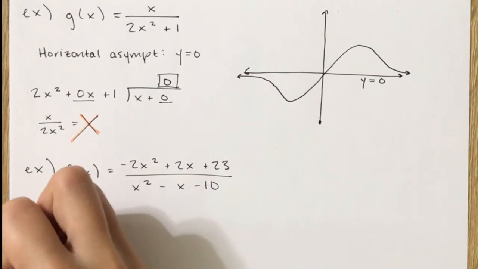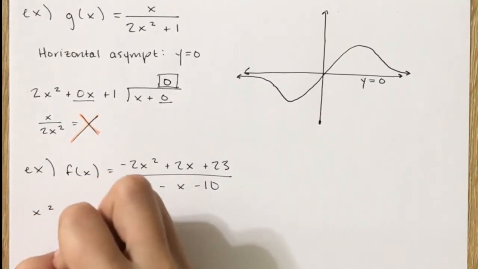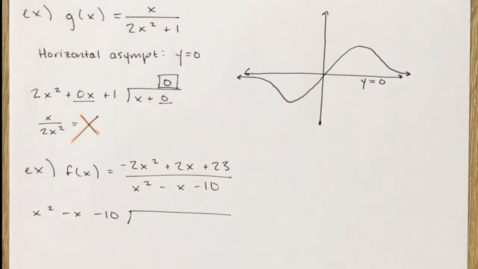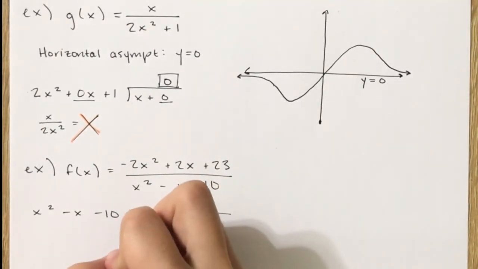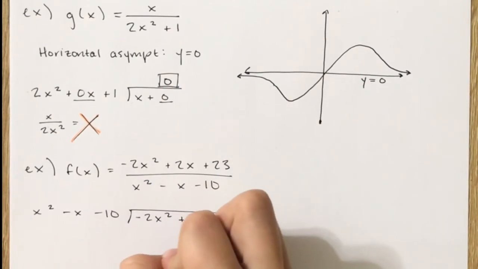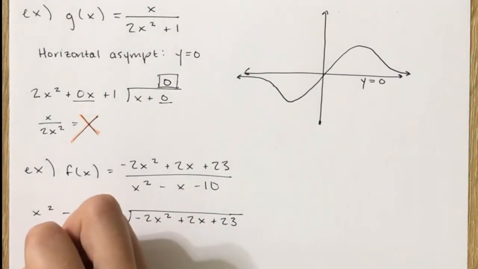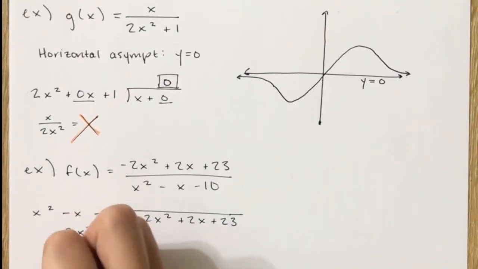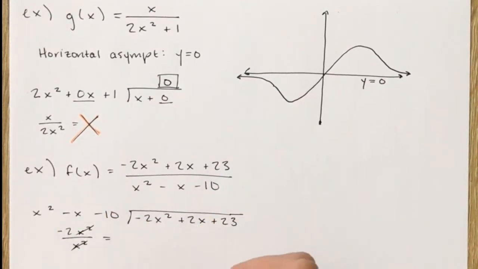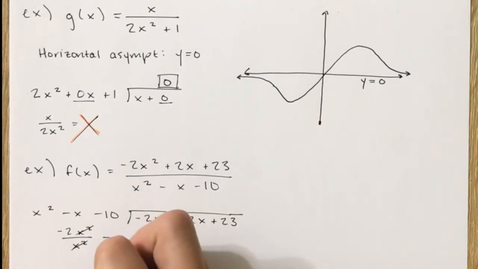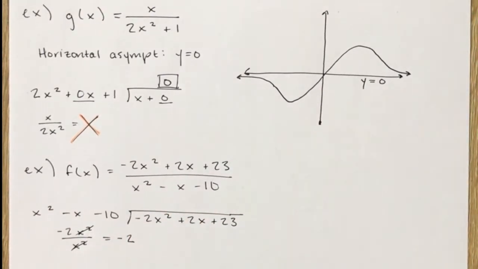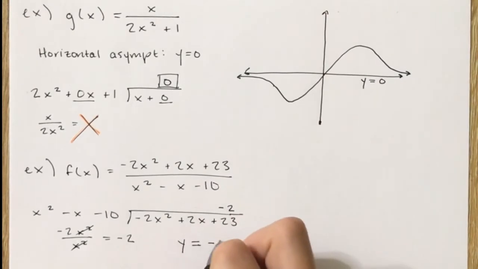Again, we're dividing, so we have x squared minus x minus 10 dividing negative 2x squared plus 2x plus 23. I divide first term by first term, so that's negative 2x squared divided by x squared. I can cancel the x squareds, and we're left with negative 2. That goes right above the constant term 23, and that means that we have a horizontal asymptote of y equals negative 2.